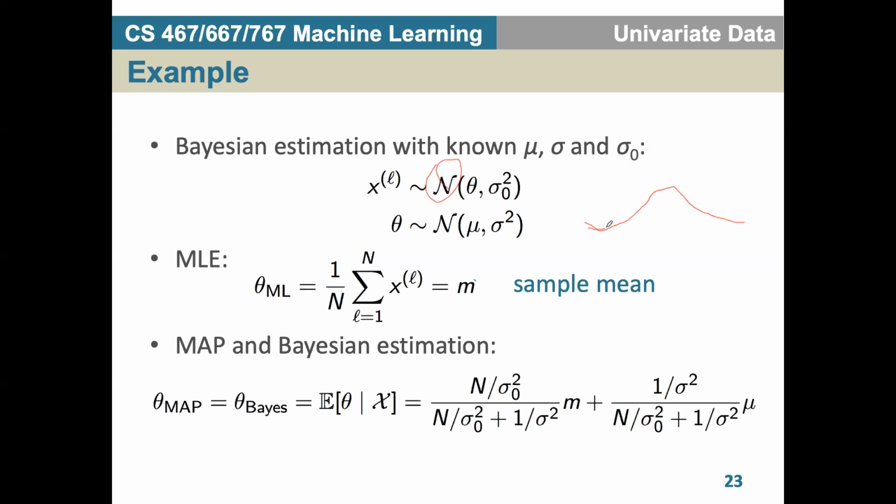If you find the Gaussian distribution that maximizes your likelihood, which is what we are doing with the posterior probability, let's say this is a posterior probability function, the value that maximizes your probability is actually mu, this expectation.